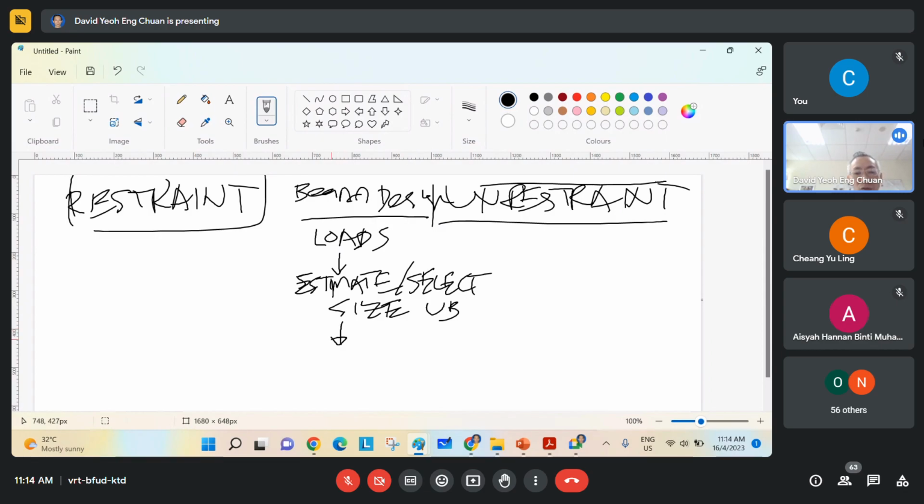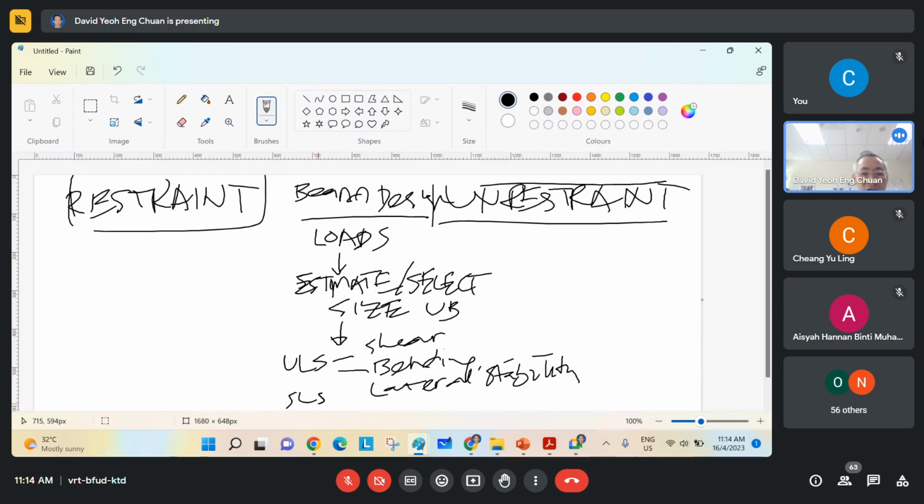And then once we've got the size, under ULS, we have to check the shear and we have to check the bending moment. Okay. And if it is an unrestrained beam, it involves lateral stability check. Then under SLS, we have deflection.